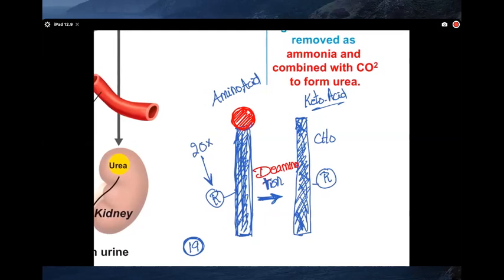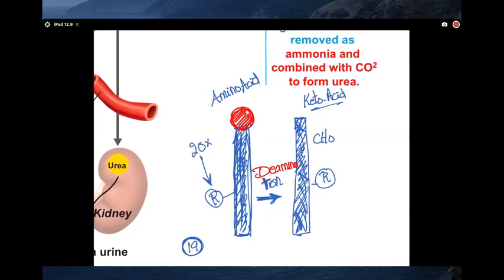So what you would do here is so simple. You're going to have the carbon, hydrogen, oxygen chain of one of the other 19, whatever this one is.